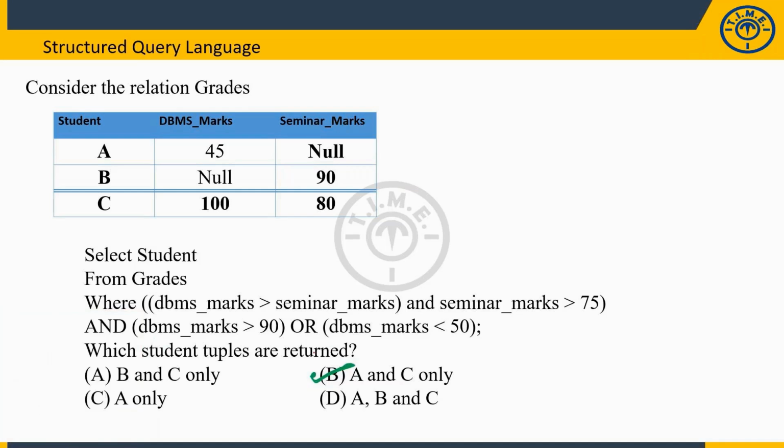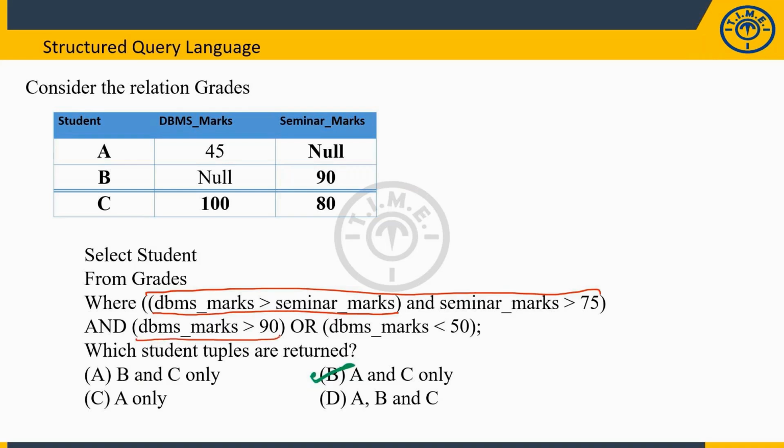Don't give up. Look, what is given? Select student from grades. Grades is a table. Look at the parentheses. This parenthesis is closing with this, and this parenthesis is closing here.